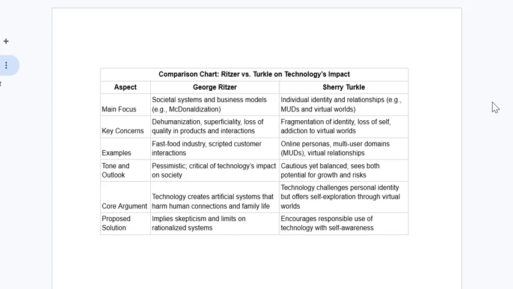The core argument of Ritzer is that technology creates artificial systems that harm human connections and family life, whereas the main argument of Turkle is that technology challenges personal identity but offers self-exploration through virtual worlds. The solution proposed by Ritzer is that he's skeptical and believes there are limits on rationalized systems. For Turkle, she encourages responsible use of technology with self-awareness.